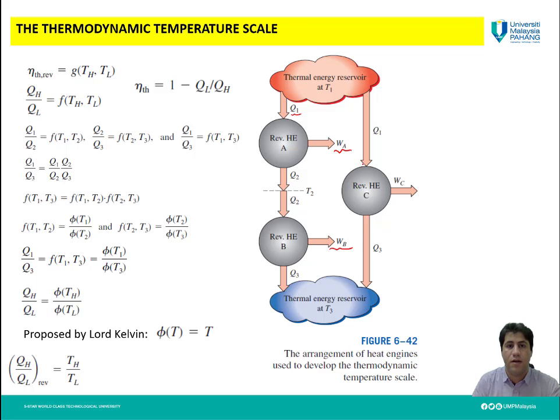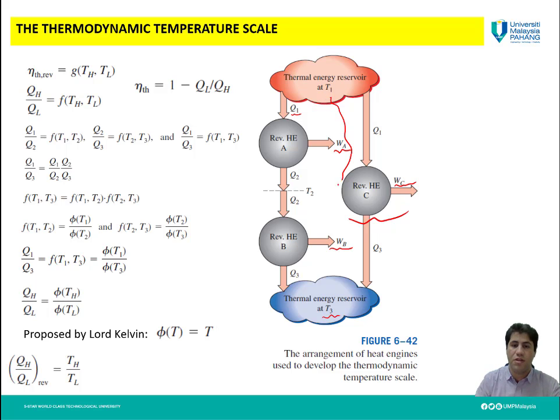On the other hand, we have heat engine C, which directly captures Q1 from the reservoir with higher temperature, or heat source, and releases Q3 amount of energy directly to the reservoir with lower temperature T3, and it produces WC amount of work.